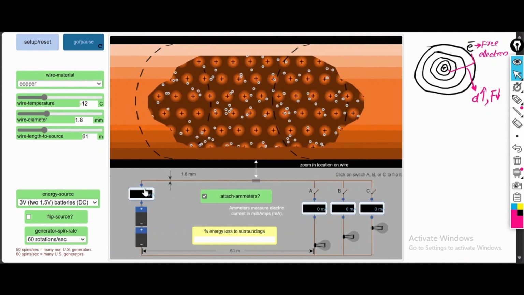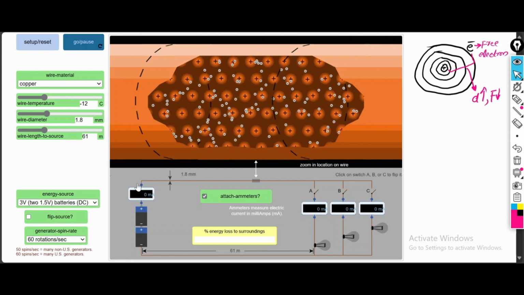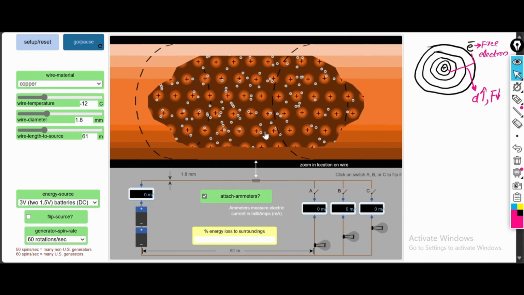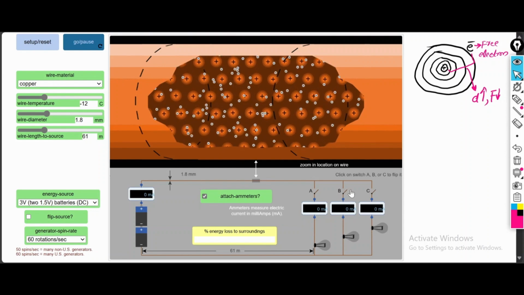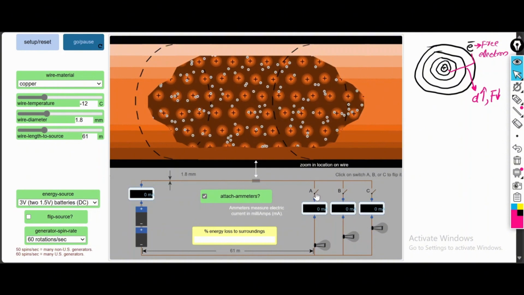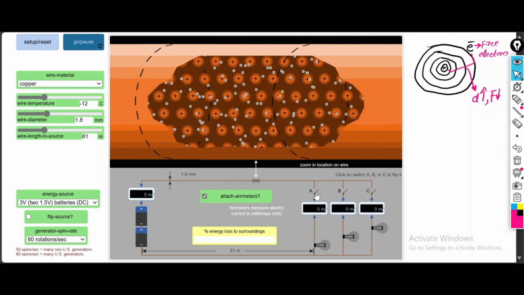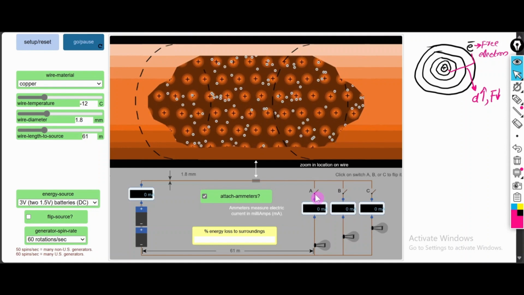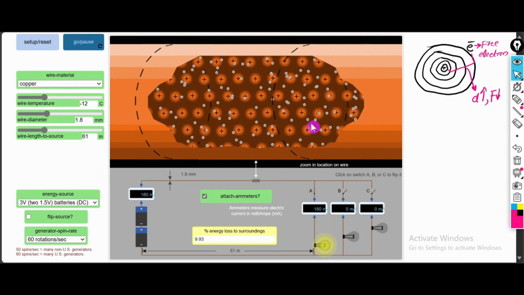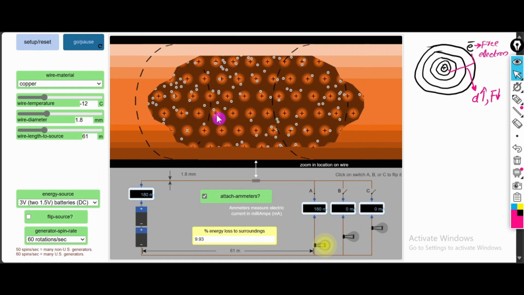Now the current through this wire is 0. The net velocity of these free electrons is 0. If I turn on this switch, then a large number of free electrons will move from one side of the conductor to the other side.